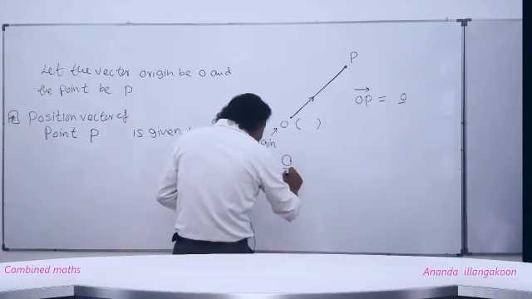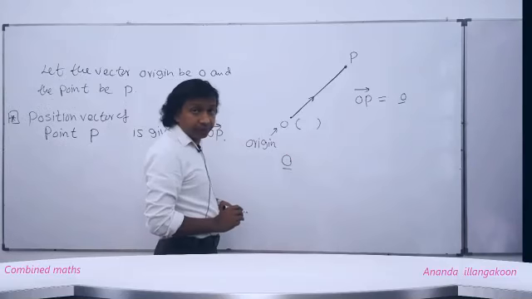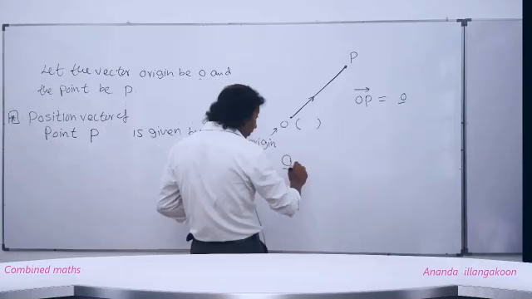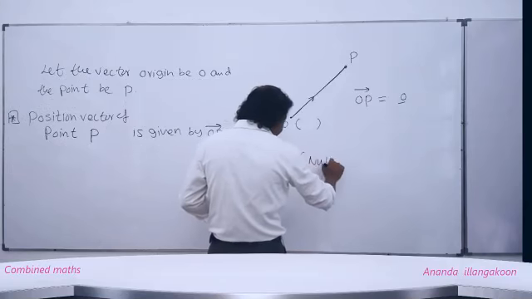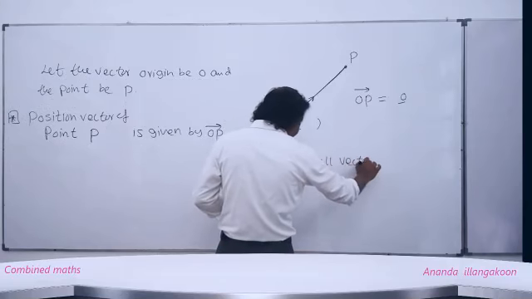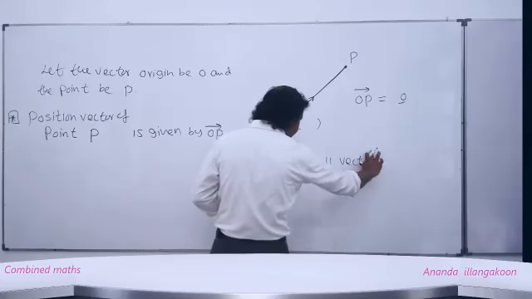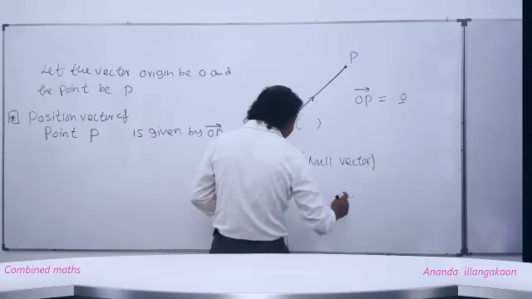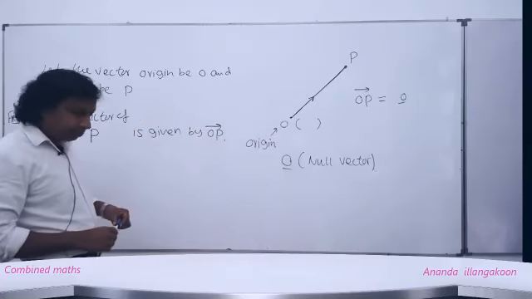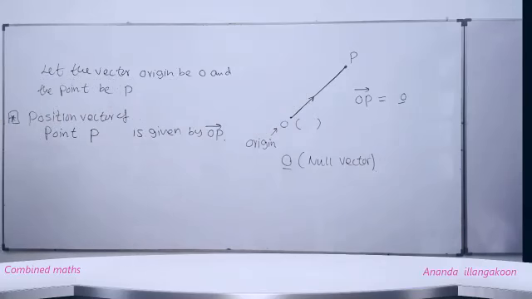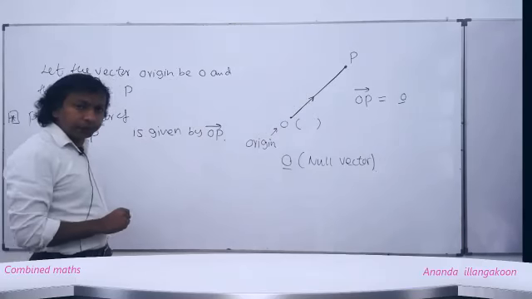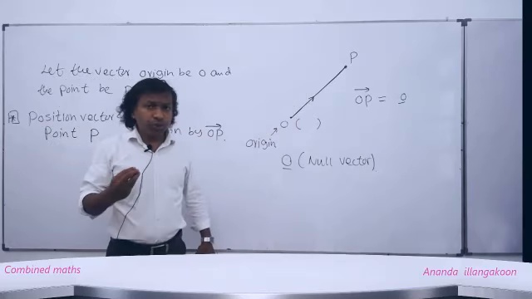Underline this: 0 vector, null vector, right?